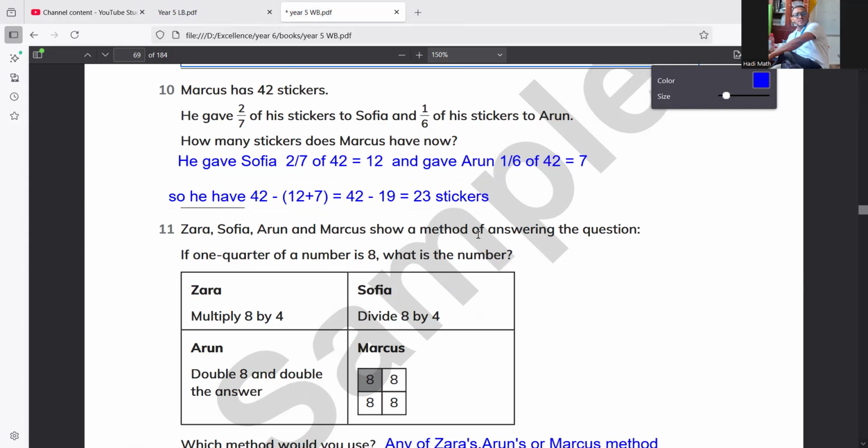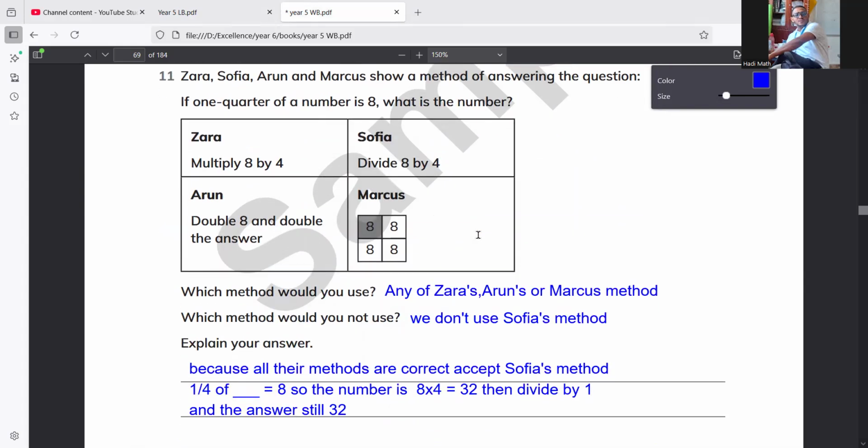Let's go and see question number 11. They say Zara, Sophia, Aaron, Marcus show methods of answering the question. If 1/4 of a number, we say 1 over 4 of a number, is equal to 8.